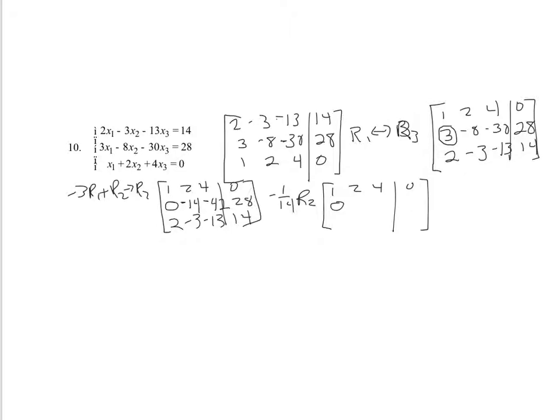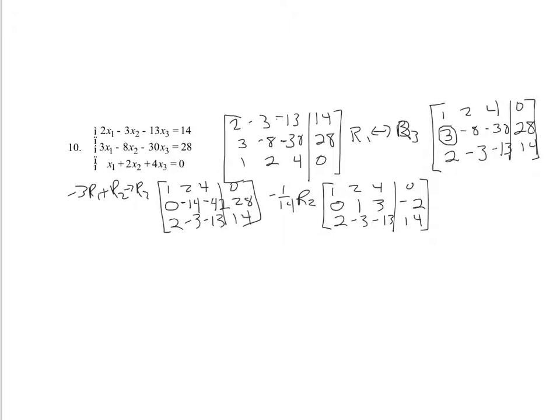Middle row will be 0. -14 times -1/14 is 1. -1/14 times -42, you got really lucky. Because 14 goes into 42 evenly, that becomes a 3. And -1/14 times 28, 14 goes into 28 evenly, you're going to have a -2. All right, so 2, -3, -13, 14 is still the bottom row. So row 1, we're good for now. Row 2, we're good for now.